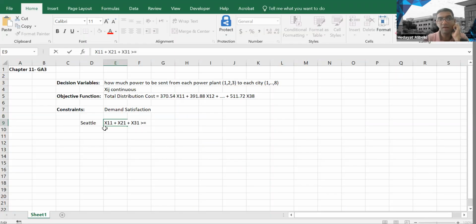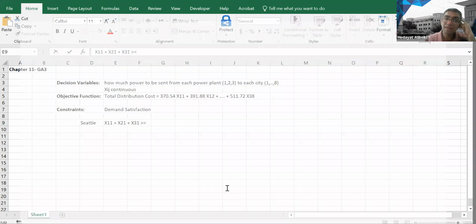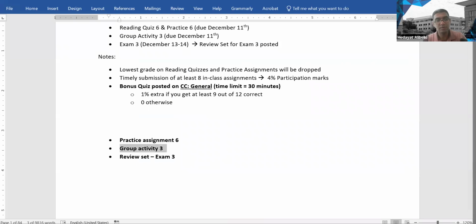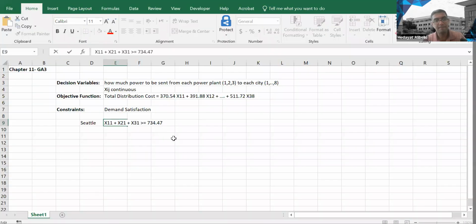When you take the sum of these three, that gives you the total electricity sent to Seattle. So the total sent to Seattle needs to be greater than 734.47, which would be the megawatts required by Seattle, the demand of Seattle, right?